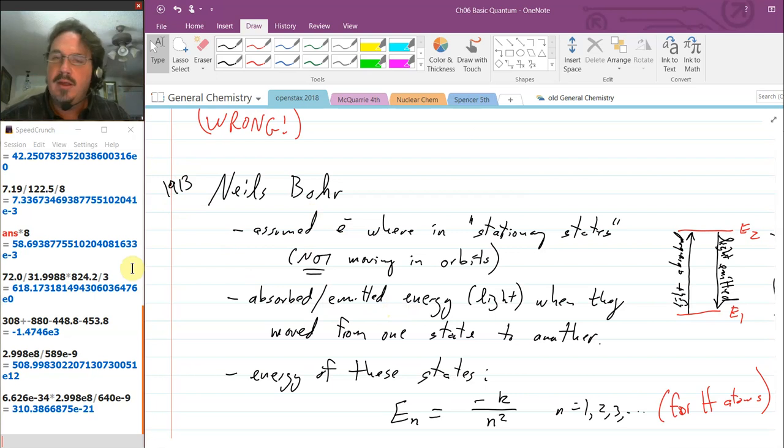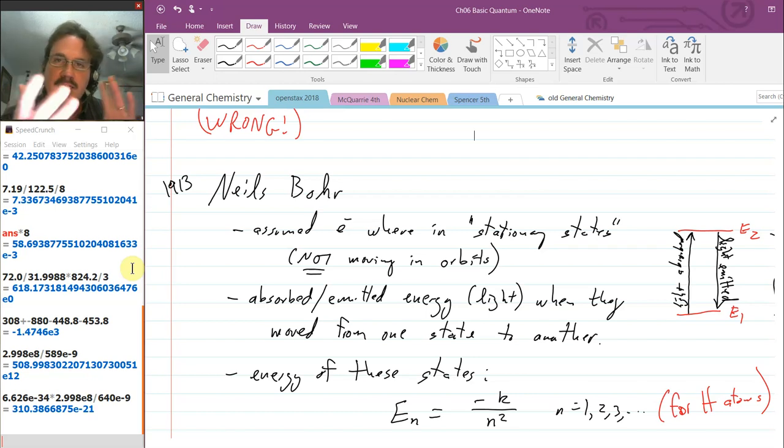And so he was adventurous. He decided, let's go with a totally different model. He said, instead of electrons being like planets going around the sun, we're going to say that they are in what they called stationary states. They're not moving around. He said he didn't really know what they looked like, perhaps, but they're not moving around and around.